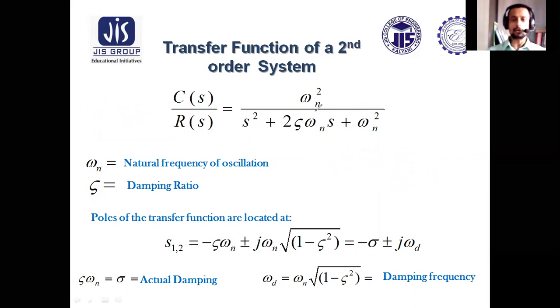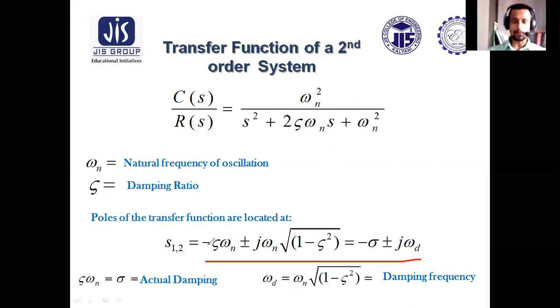Now, for this transfer function, we can easily obtain where the poles are located. These are the locations of the poles. The denominator should be equated to 0 to get the pole locations.